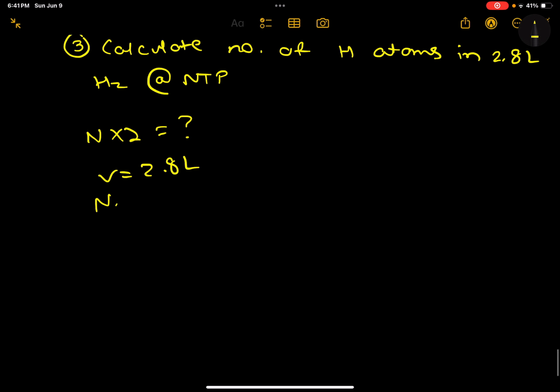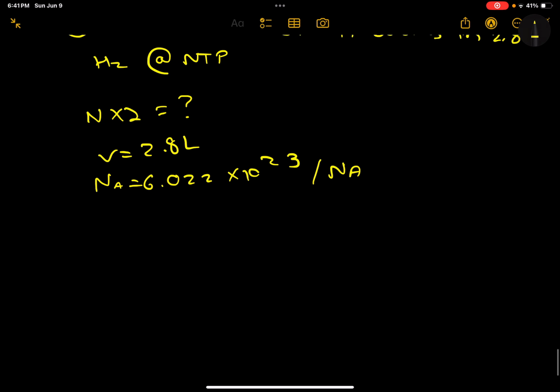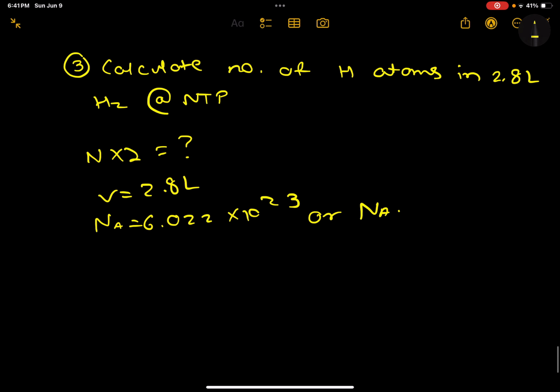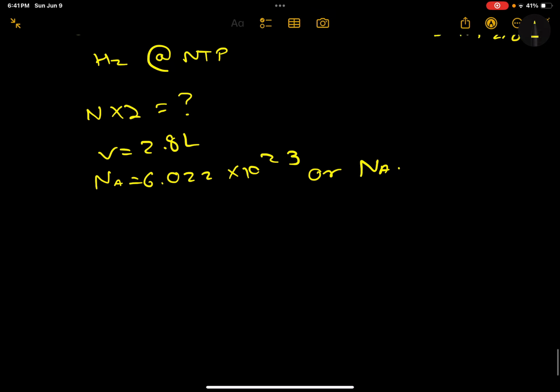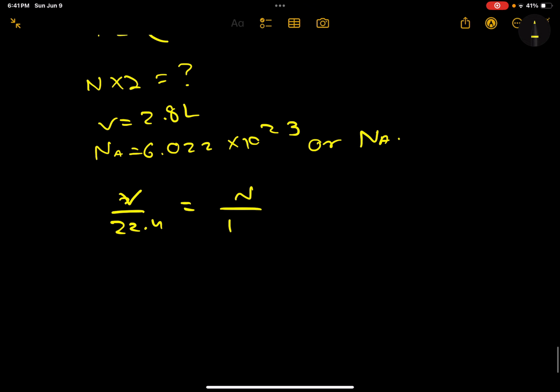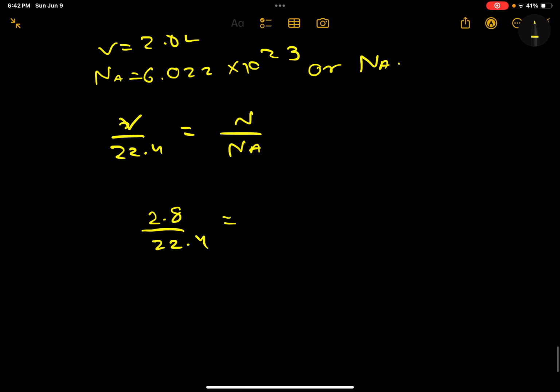and Na is equal to 6.022 into 10 to the power 23. Or we can just take Na. So we can use the formula directly: V upon 22.4 is equal to N upon Na. That means 2.8 upon 22.4 is equal to N upon Na.